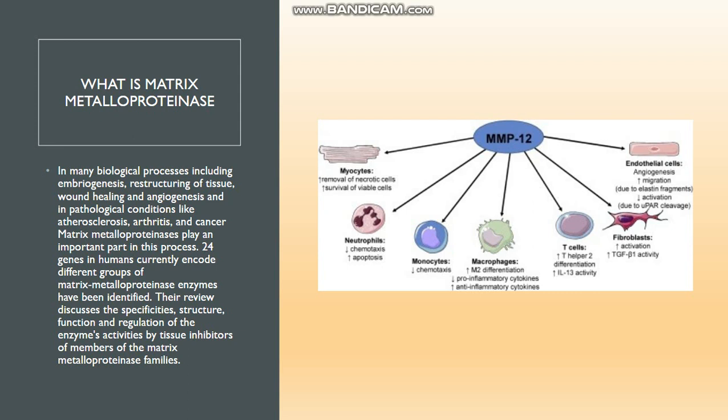In many biological procedures, including embryogenesis, restructuring of tissue, wound healing, and angiogenesis in pathological conditions like arthritis and cancer, matrix metalloproteinases play an important part. 24 genes in humans that encode different groups of matrix metalloproteinase enzymes have been identified.